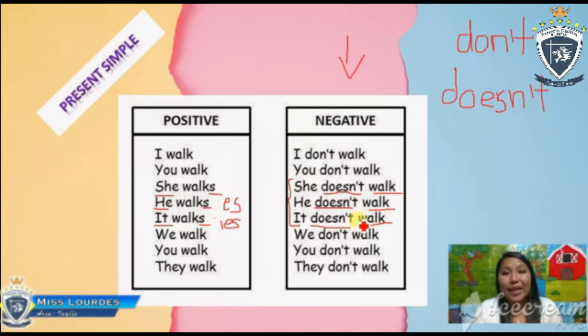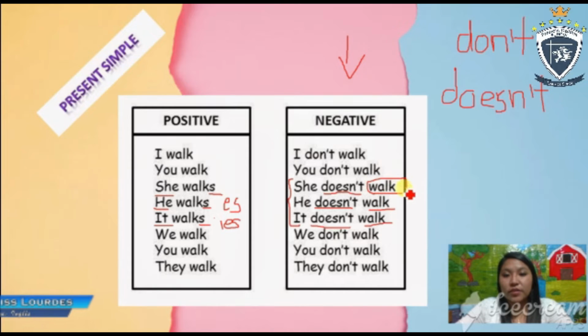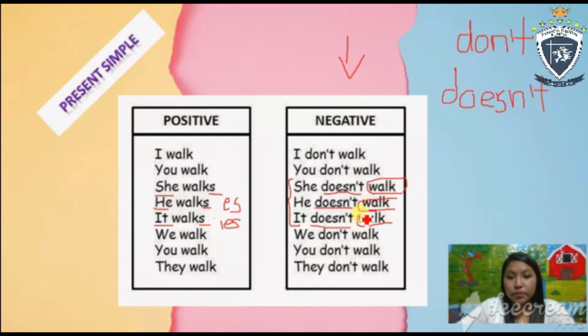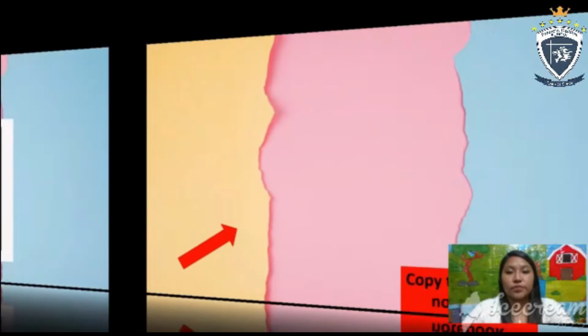You use doesn't with he, she, and it, and the verb doesn't change. Look at the verb. The verb doesn't have an s, an es, an ies. The verb is in the normal form. There is no problem.